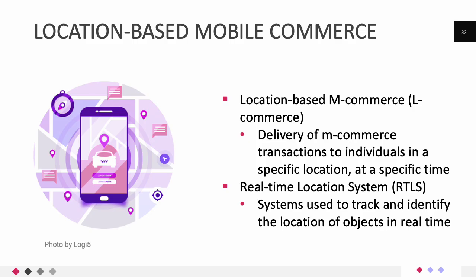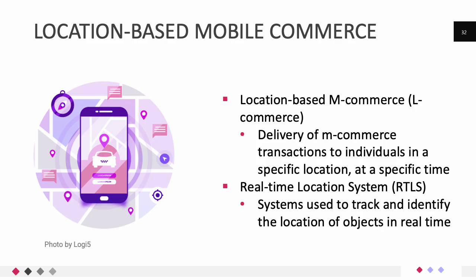For example, you're walking near a bakery and your phone gets a notification: Hey, you're nearby. Here's a 20% off coupon for a cake. That's L-commerce. It sends you a business offer at a specific location and time.